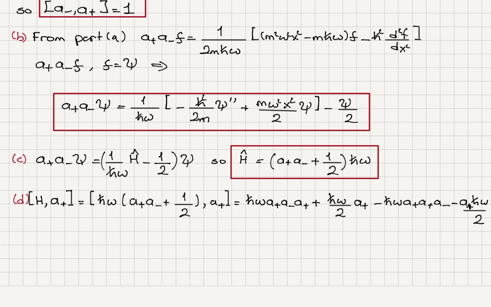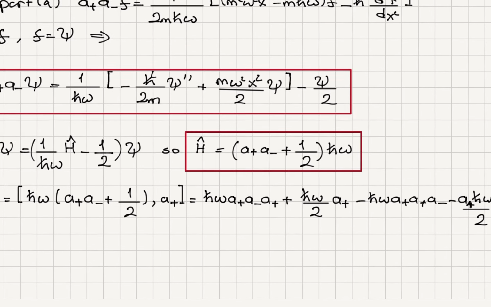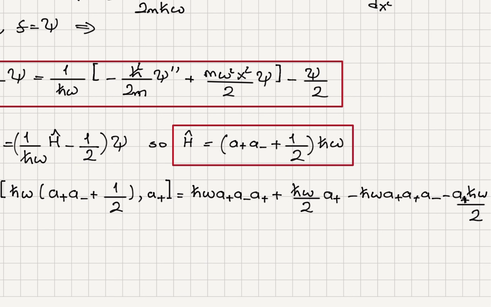Now you can see that I have H bar omega over 2 A plus and A plus H bar omega over 2. So the order here doesn't matter. These two are the same, so they will cancel out. And here I have H bar omega A plus A minus A plus, and here I have minus H bar omega A plus A minus.